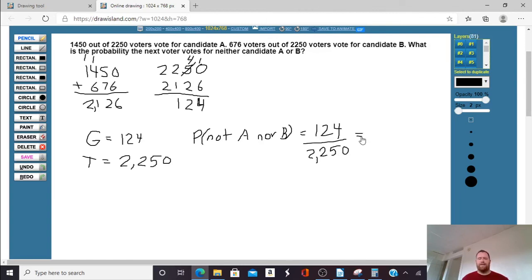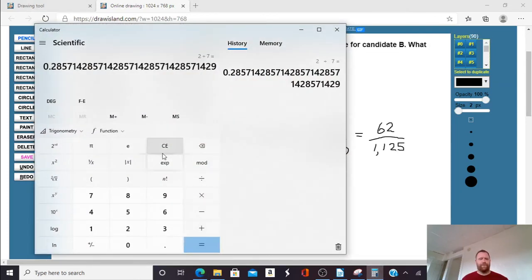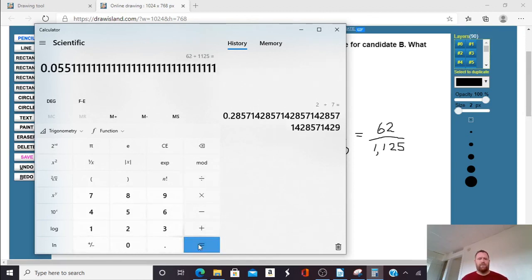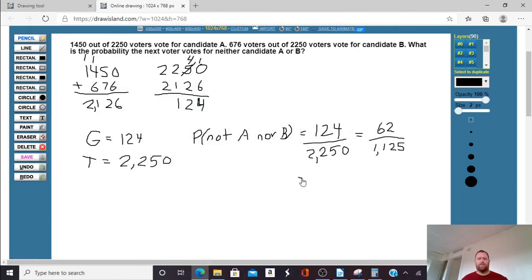So we can simplify that. If we have this, we get 62 out of 1,125. And we can pull up our calculator. Let's clear everything. So 62 divided by 1,125. Rounding it to the nearest hundredths place is going to be 0.06.